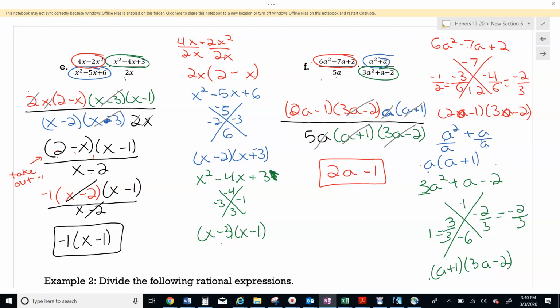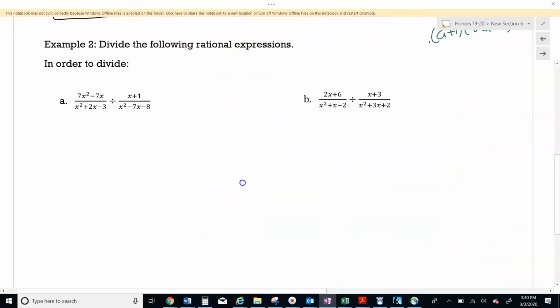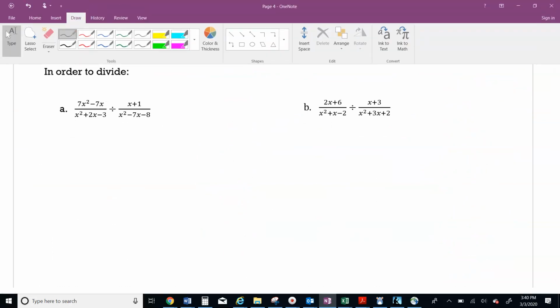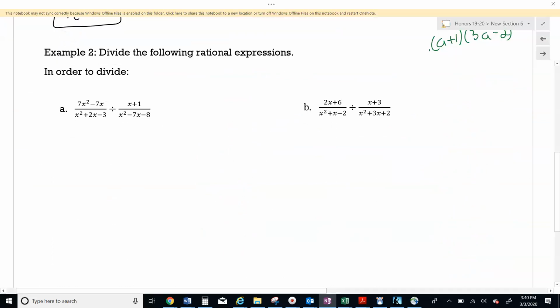All right. Looking at our next section, to divide. Once we've practiced multiplying a lot, dividing is super easy. In order to divide, all you do is multiply by the reciprocal.